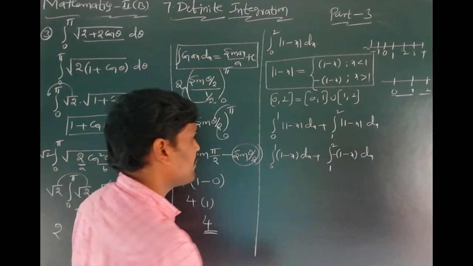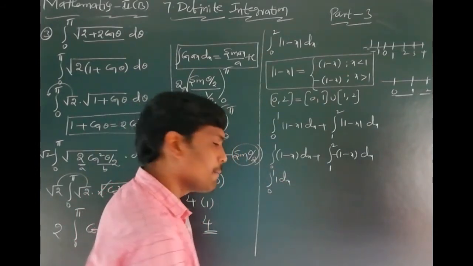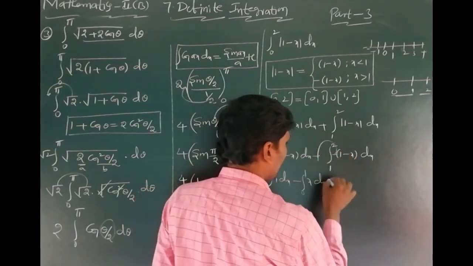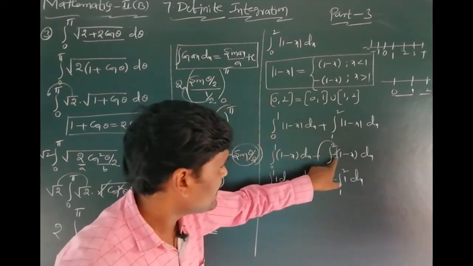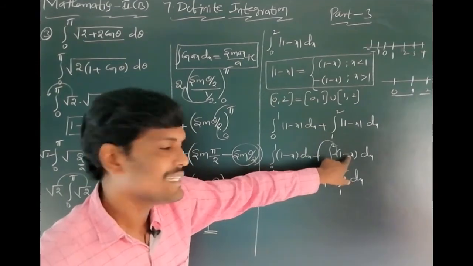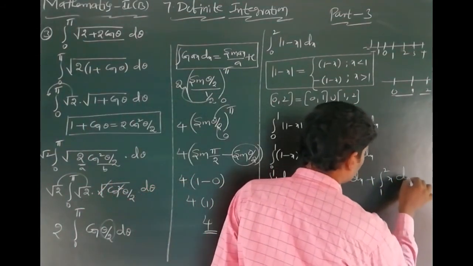After that, separate the integration: integral 0 to 1 dx minus integral 0 to 1 x dx, minus integral 1 to 2 1 dx, plus into minus, minus integral 1 to 2 1 dx, minus into minus plus into plus, integral 1 to 2 x dx.